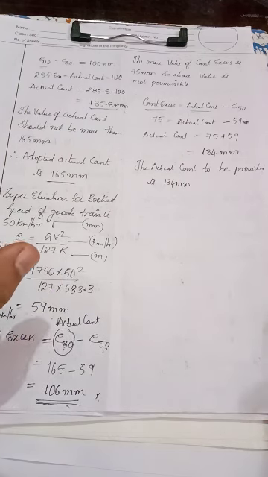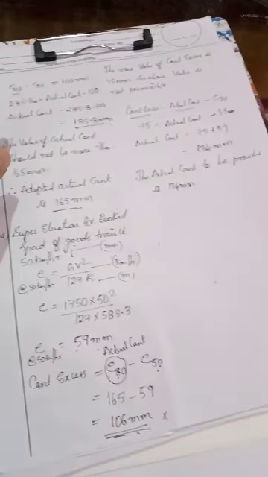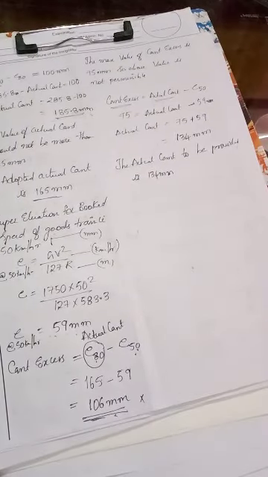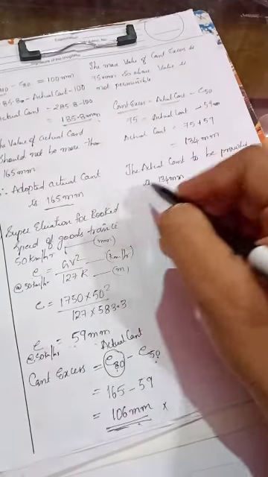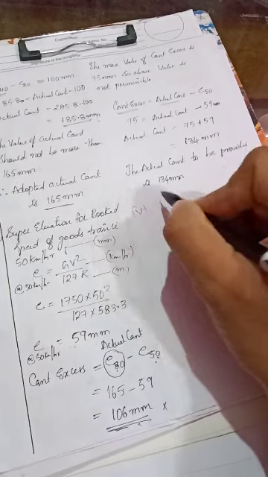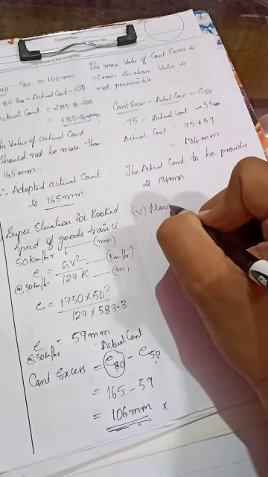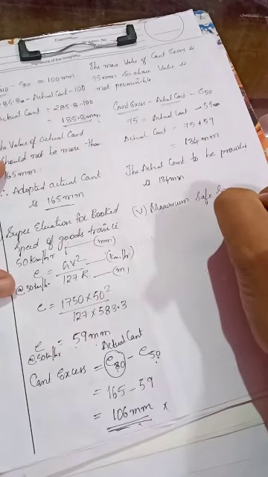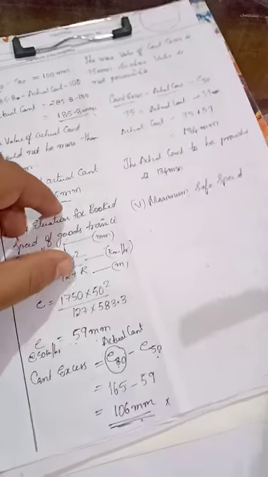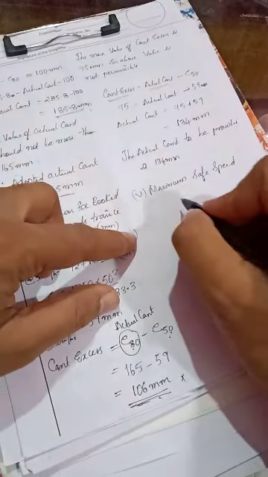Now what is the next step? Next step is to calculate safe speed. Fifth step, maximum safe speed. For calculation of maximum safe speed, what is the formula?